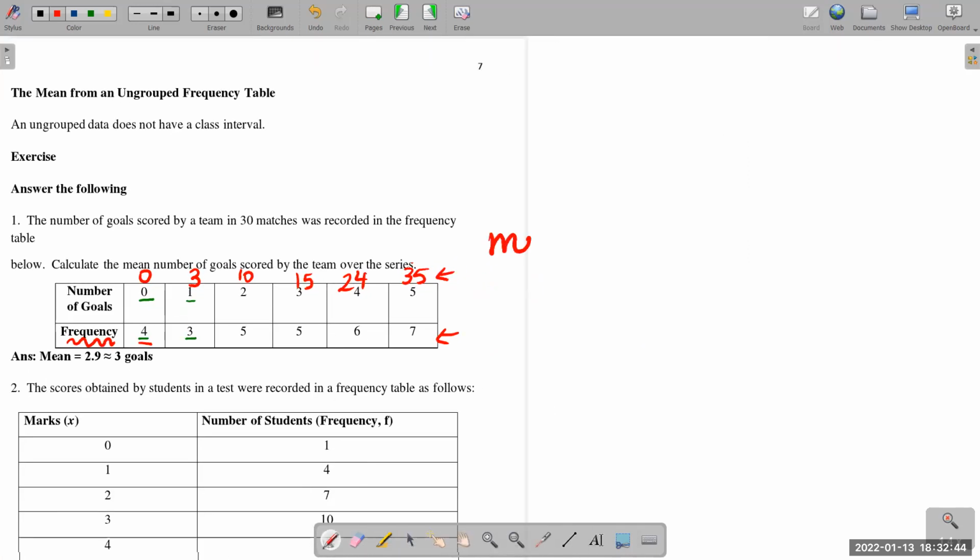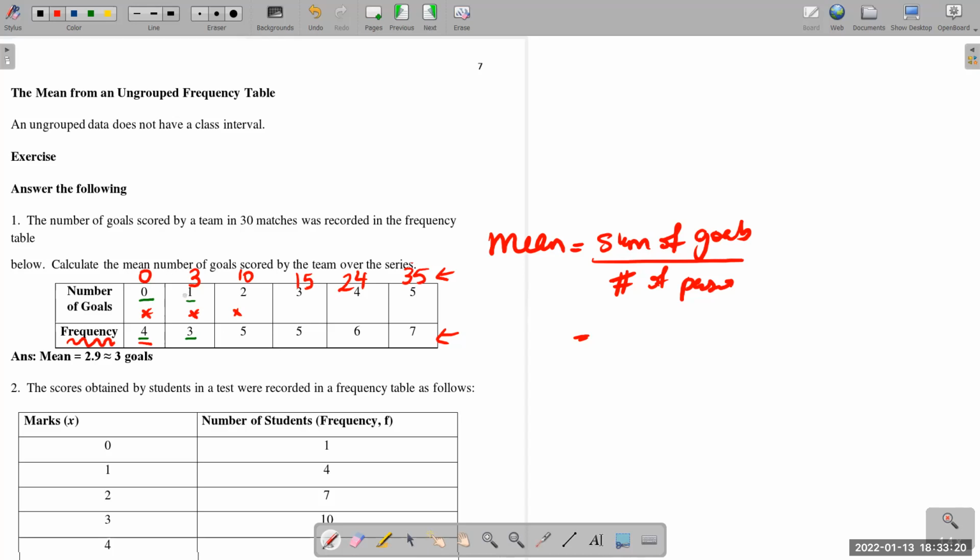So mean is equal to the sum of goals in this example divided by the number of persons who scored the goals. So what would be the sum of everything? What should we be adding? Should I be adding 1, 2, 3, 4, 5? Or should I be adding 0, 3, 10, 15, 24, 35? Keeping in mind that this is just the types of number of goals a person scored versus the top, which is the actual number of goals a person scored.